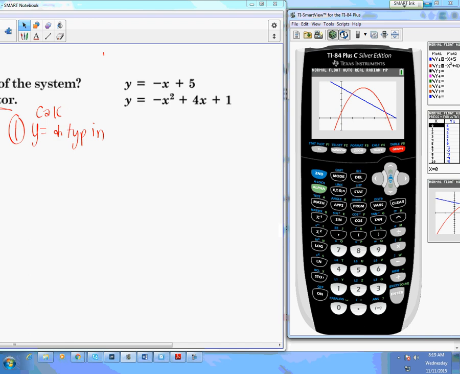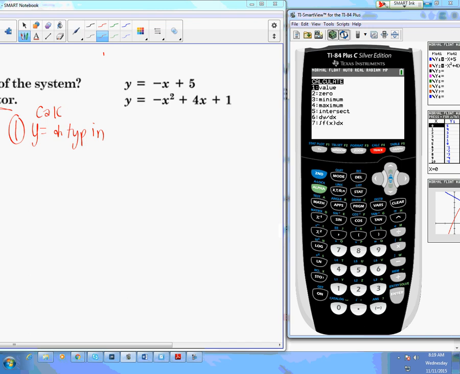Above the trace line, it says in this order, the calculator you have is the same. We're going to calculate every intersection point. So go second trace. And we'll say intersect. We hit graph.